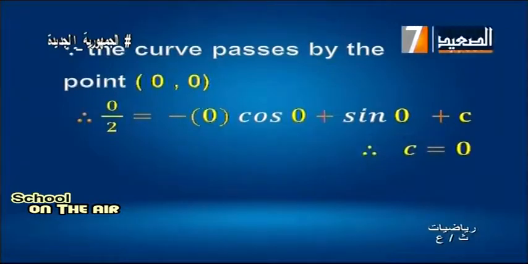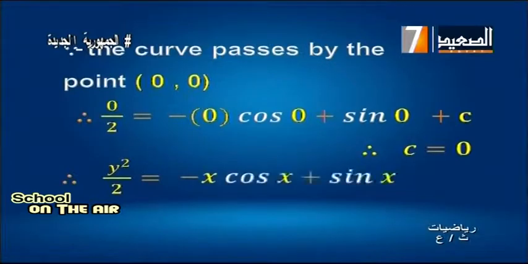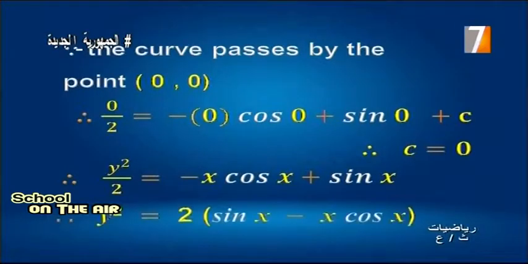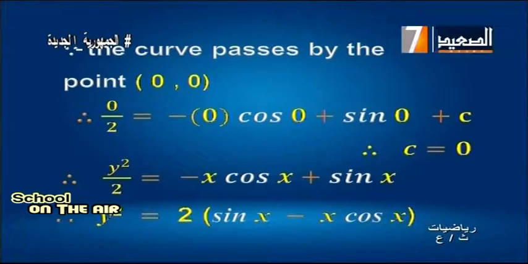Then the constant c equals 0, and y squared over 2 equals negative x cosine x plus sine x plus 0. Multiply both sides by 2, then y squared equals 2 multiplied by the quantity sine x minus x cosine x.